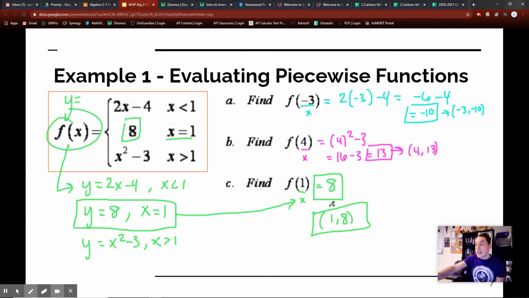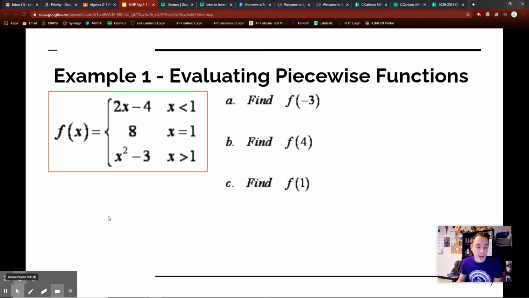When I say y equals this and x equals that, the two lines converge and make a point, right? And so what this is saying is f of 1 equals 8 is the same thing as saying 1 comma 8 as an ordered pair, okay? I don't need something to plug in there. It is that function already. I hope that makes sense.